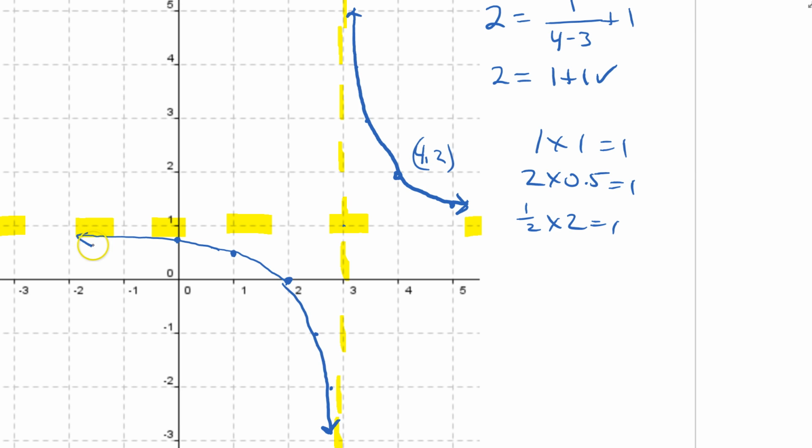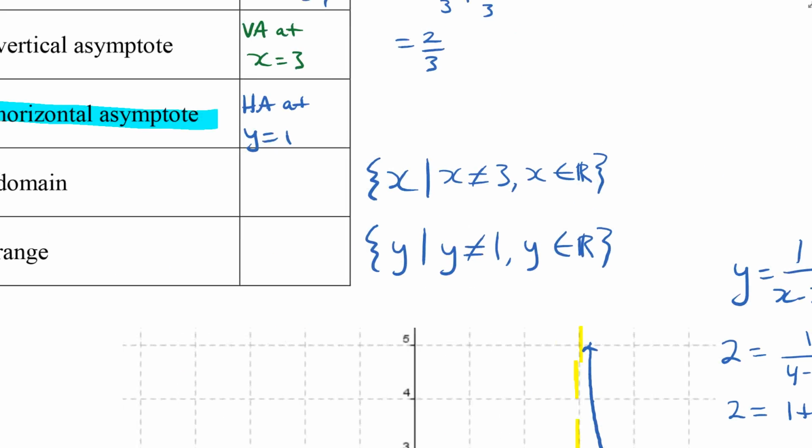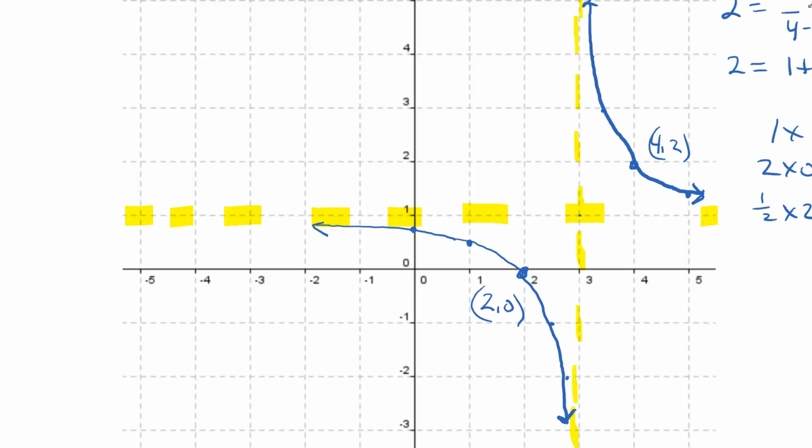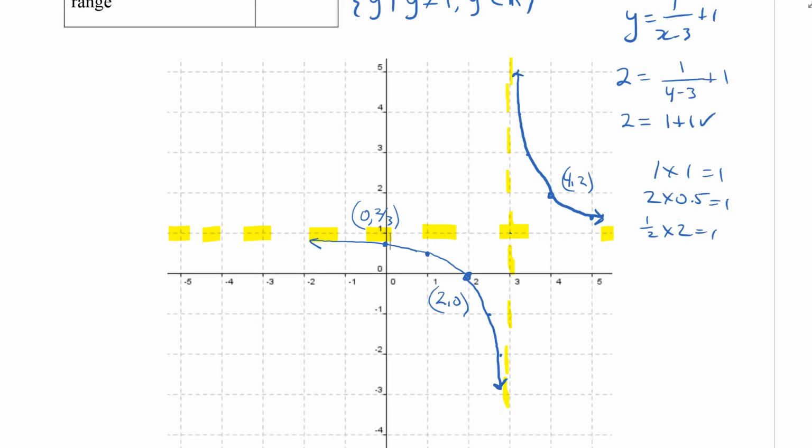There we go. And here, this is a point here. This would be an x value of 2 and a y value of 0. Which reminds me, we do have calculated here an x-intercept of 2, 0. That's the one I just put in. And we have a y-intercept of 0, 2/3. So that looks pretty good. 0, 2/3, that would be this one right here. So we get 0, 2/3 over there. All right, so there is our graph.